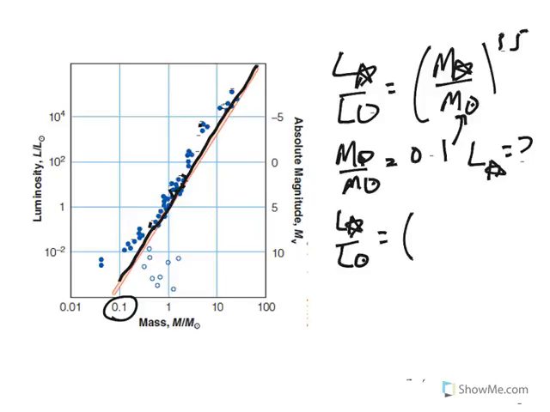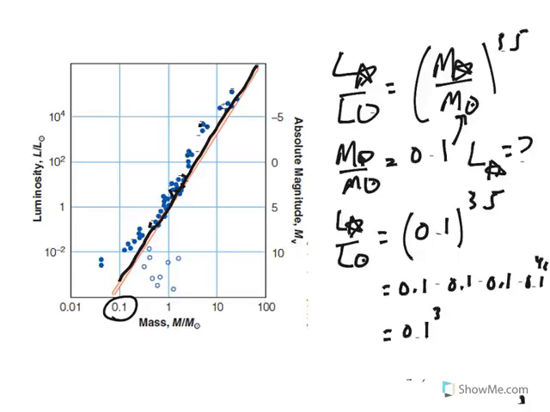So we're going to get 0.1 to the 3.5 power, which is equal to 0.1 times 0.1 times 0.1 times 0.1 to the 1/2 power, which is equal to 0.1 cubed times 0.1 to the 1/2 power, which is equal to 0.0003162, or in scientific notation, 3.162 times 10 to the -4th.